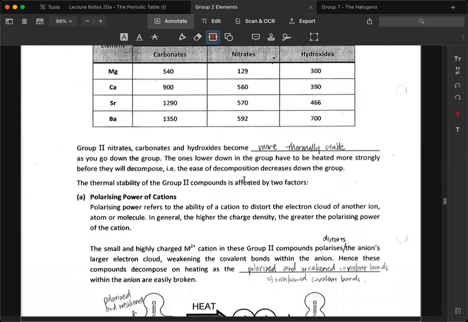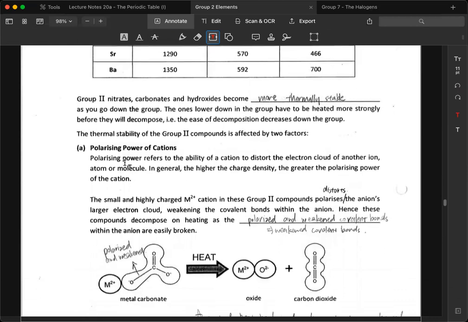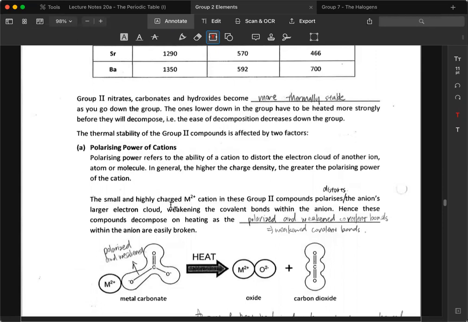Okay, so why do they become more stable? Because of the polarizing power. Polarizing power refers to the ability of the cation to distort the electron cloud of another ion, atom, or molecule. In general, the higher the charge density, the greater the polarizing power of the cation.